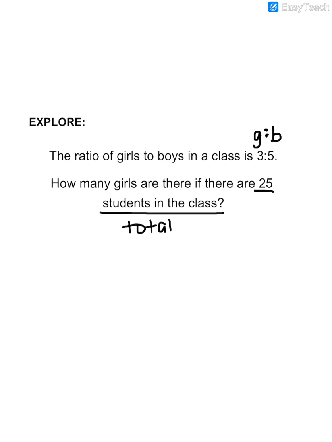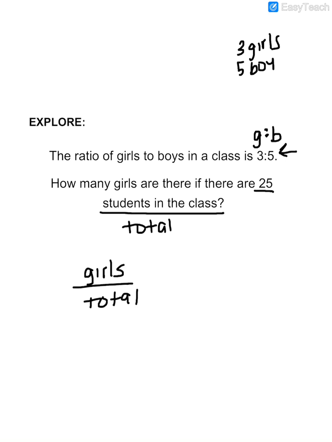So because we have the total, I'm going to write a starter ratio that compares girls over the total. Now, in this ratio, I know that there are 3 girls and 5 boys, which means there's a total of 8 students.